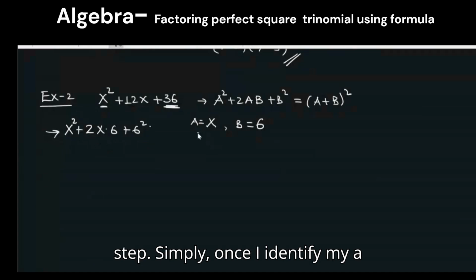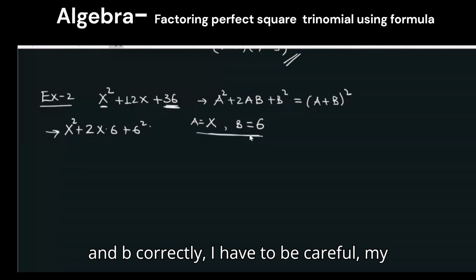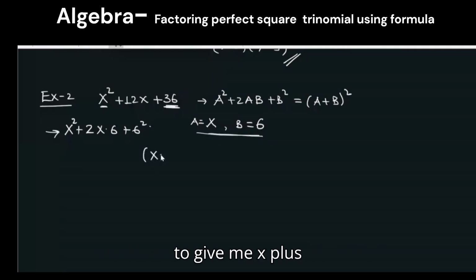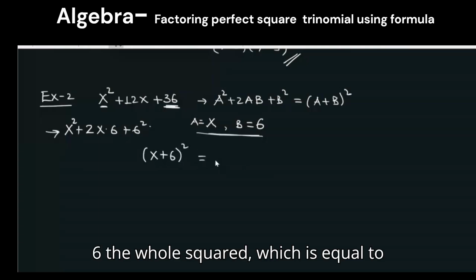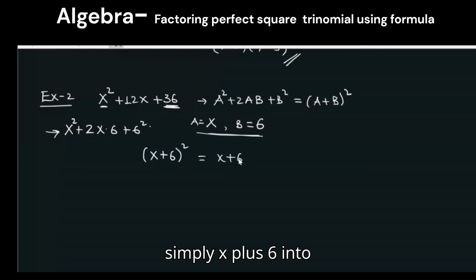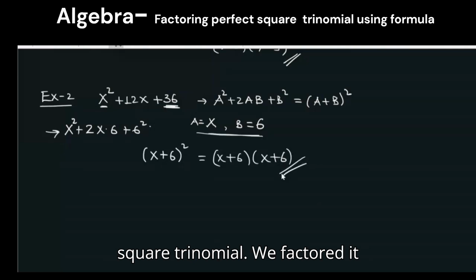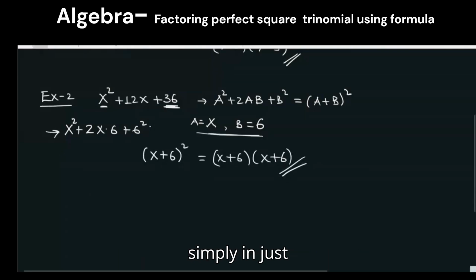Once I identify my a and b correctly, I have to be careful, that gives me x plus 6 the whole square, which is equal to x plus 6 times another x plus 6. We factored it simply using just one formula.